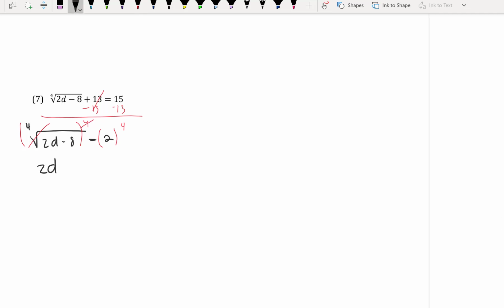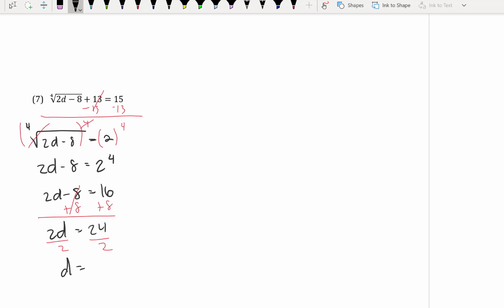So 2d minus 8 is equal to 2 to the fourth power. But 2 to the fourth power is really a 16. So I'm going to add 8 to both sides. So that 16 plus 8 is equal to a 24. And divide by 2 on both sides. So that d is equal to 24 divided by 2, which is a 12.